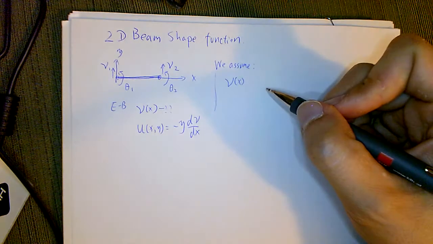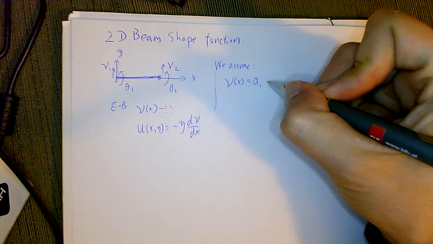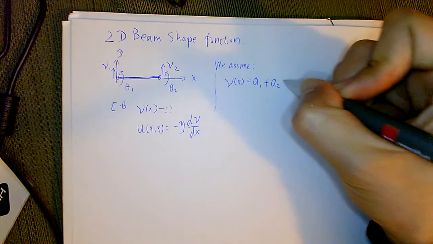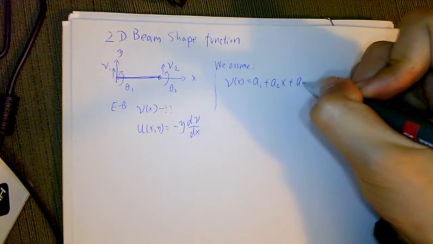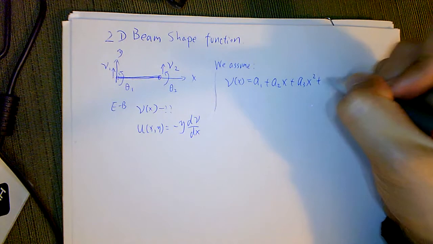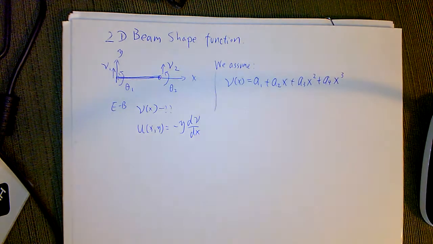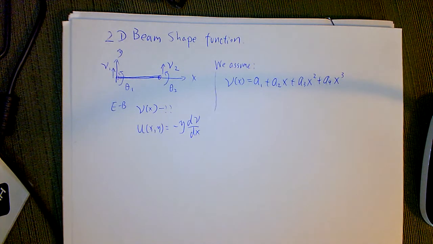Then we're gonna assume it's a1 plus a2x plus a3x squared plus a4x cubed. And then you're like, okay, why this form? Where's the boundary condition?